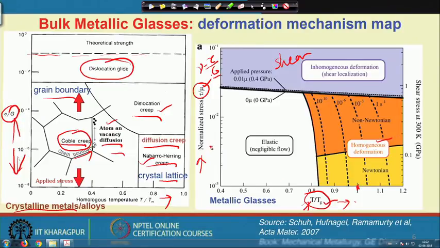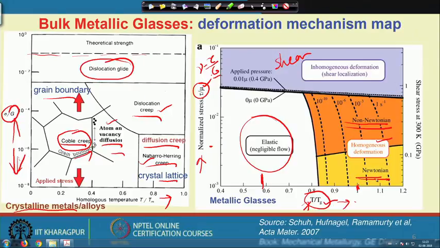At relatively low normalized stress there will be negligible flow at lower temperature, and the behavior is mostly elastic. However, at a higher normalized stress, a non-Newtonian type of behavior can be achieved, whereas at a lower normalized stress level, we will get a Newtonian type of flow.